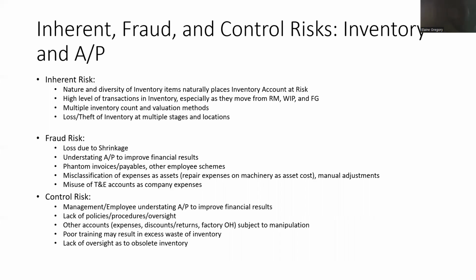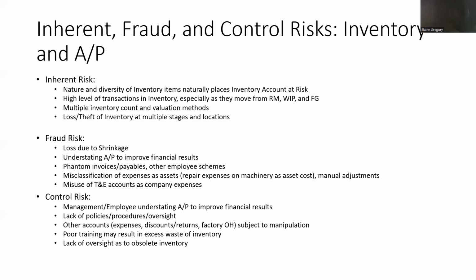There's a high level of transactions in inventory, and those transactions are both internal, as the company is moving from the raw materials to the work in progress and the finished goods, but also the external transactions that are going on, which is the purchasing and paying of the inventory.